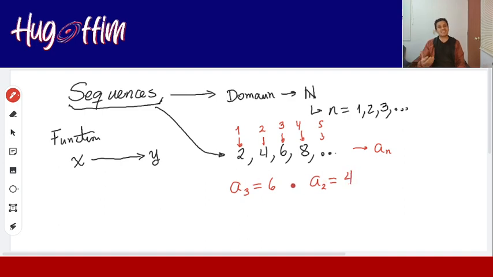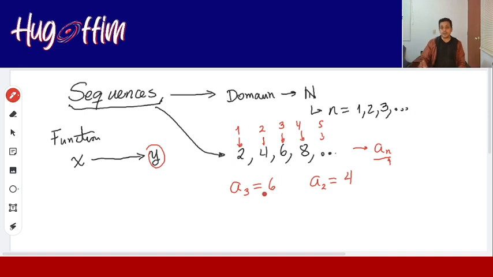So this is how you understand sequences. We're just changing the notation because we're using natural numbers. Instead of y as the variable, we use a sub n, which tells us the position in the sequence. For example, a sub 2 is 4, a sub 3 is 6.